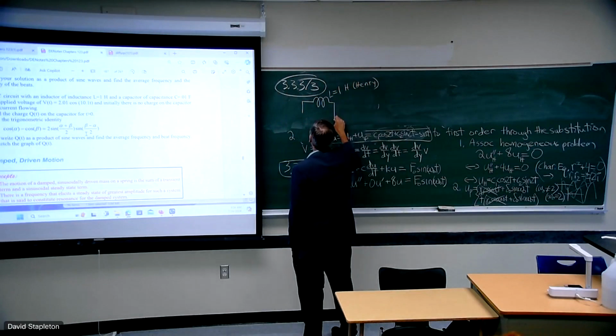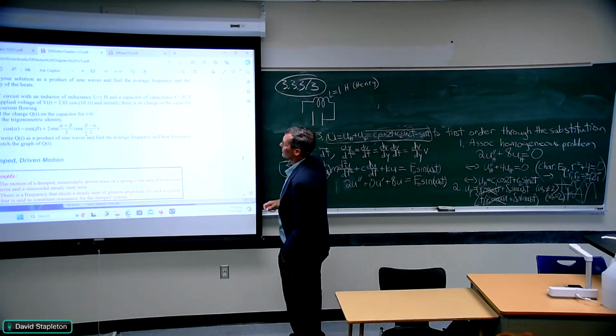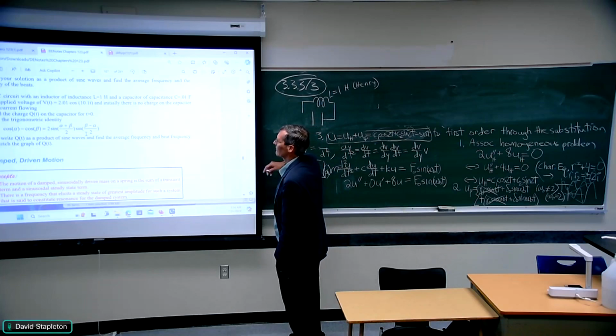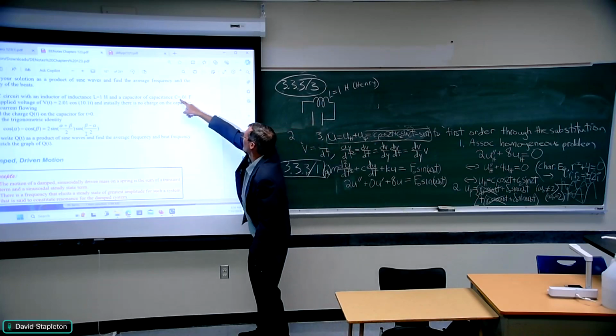And then you also have a capacitor on there with capacitance C, in farads. I'm sorry, farads, not coulombs. I'm doing the charge. Farads. So C equals, there it is, 0.01 farad.